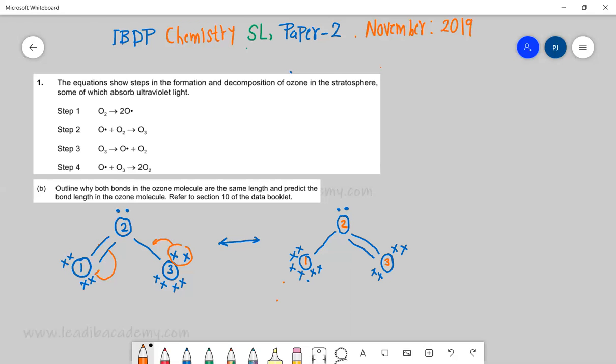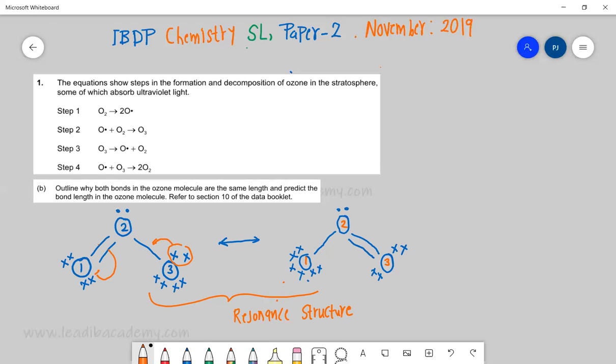Similarly, the lone pairs have changed. These are what we call resonance structures. Resonance means just shifting of the lone pairs or pi electrons which are there in the pi bond.